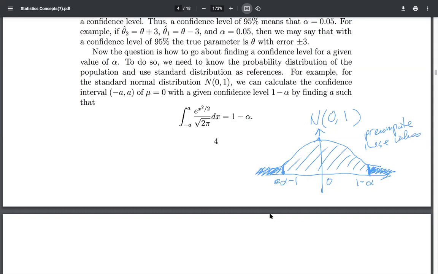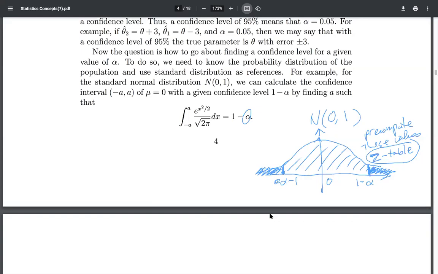This table is normally called a Z table. We'll come to this term later. So for any alpha, we just look at the table, and I can get the probability value.